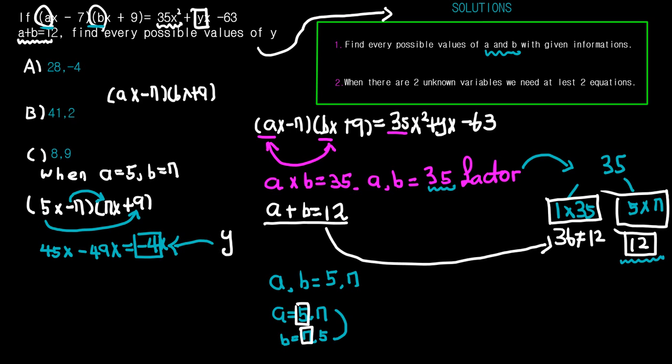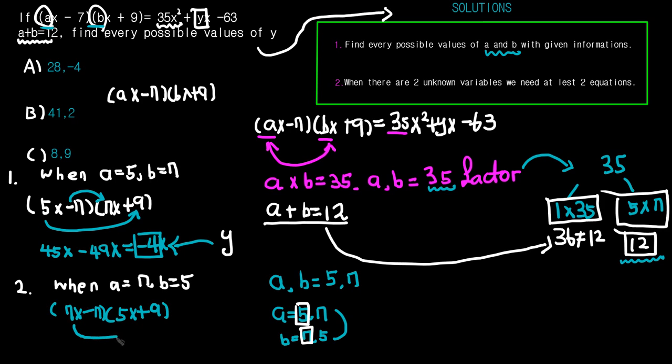And there is one more possibility. This was our first one, and for the second one, a is equal to 7 and b is equal to 5. So it will be (7x - 7)... sorry, (7x - 7)(5x + 9), doing it in order.